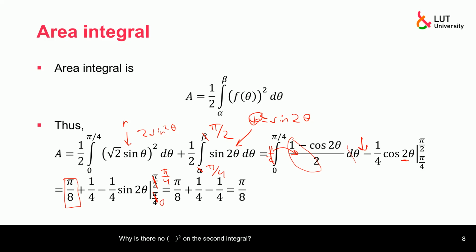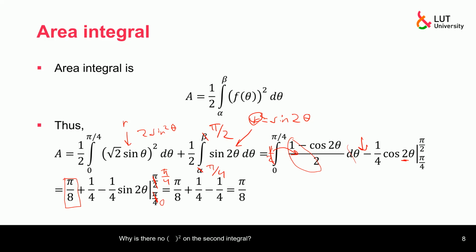And then we get this part, and over from here one of those goes to 0, cosine pi over 4 to be exact.